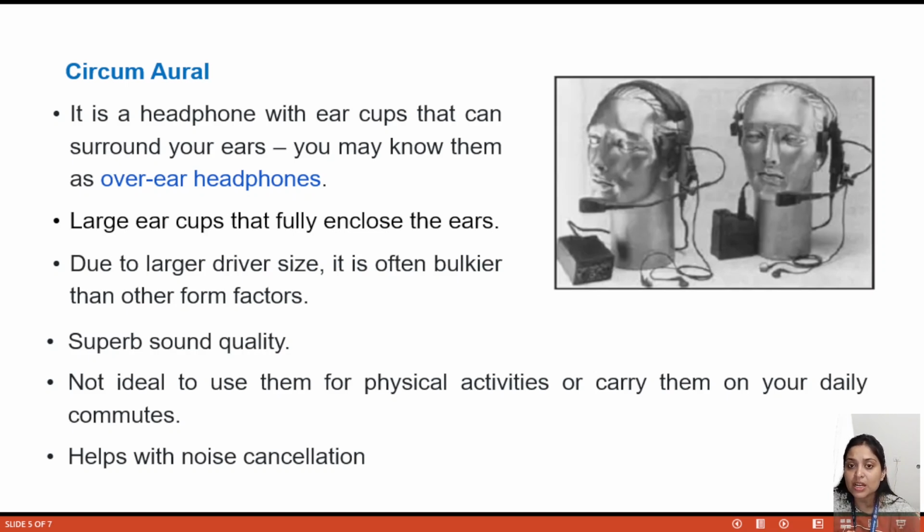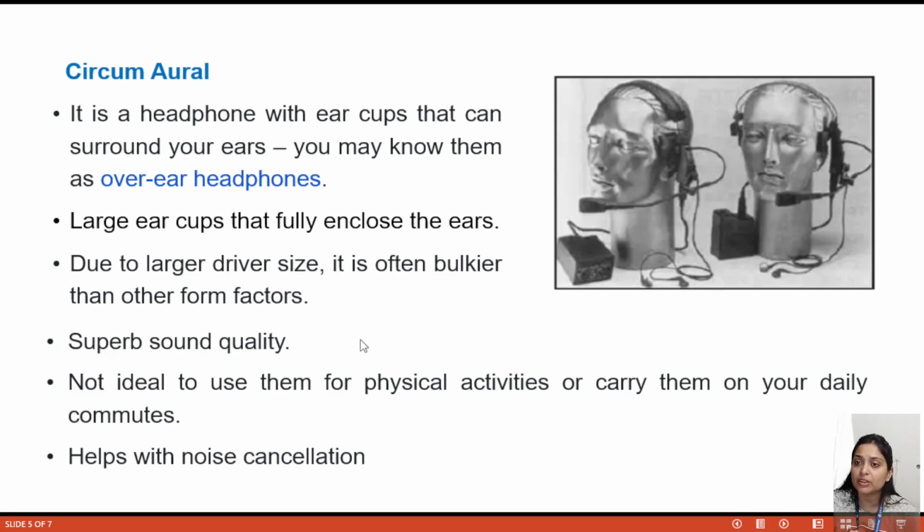Due to the larger driver size, it is often bulkier than other form factors. So it is a little bit larger, and carrying it everywhere is very hectic, so its use is a little less. It has super sound quality, but is not ideal for physical activities or for carrying in day-to-day life.